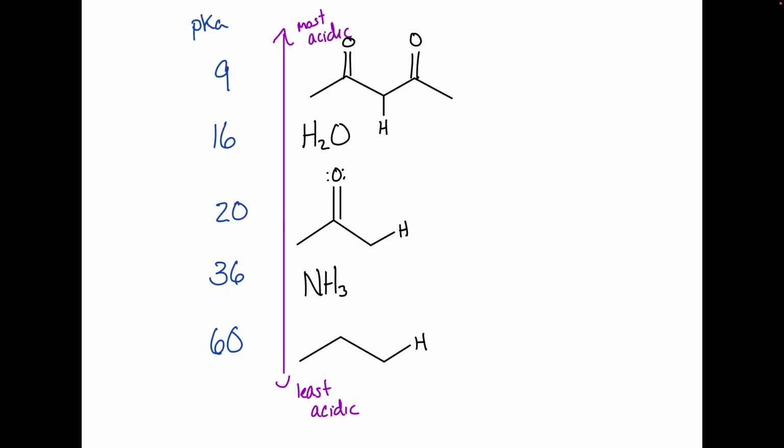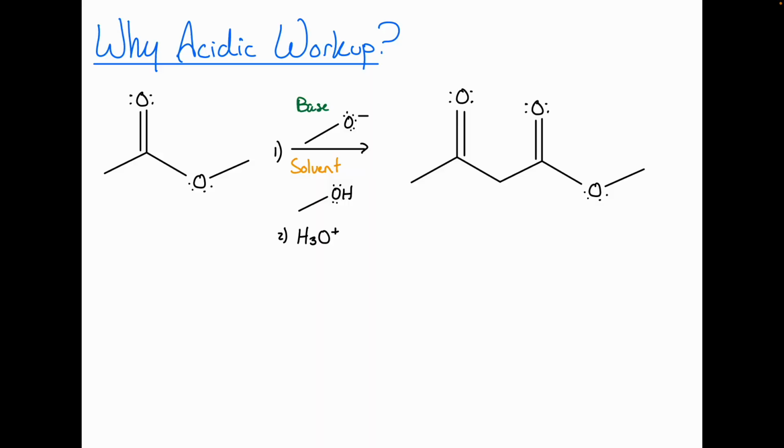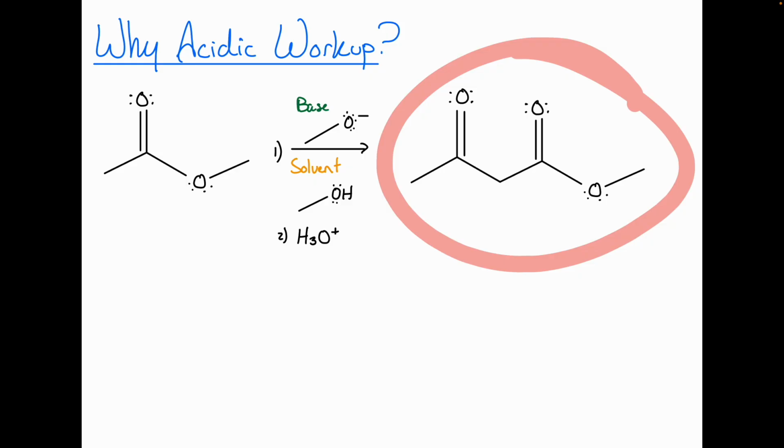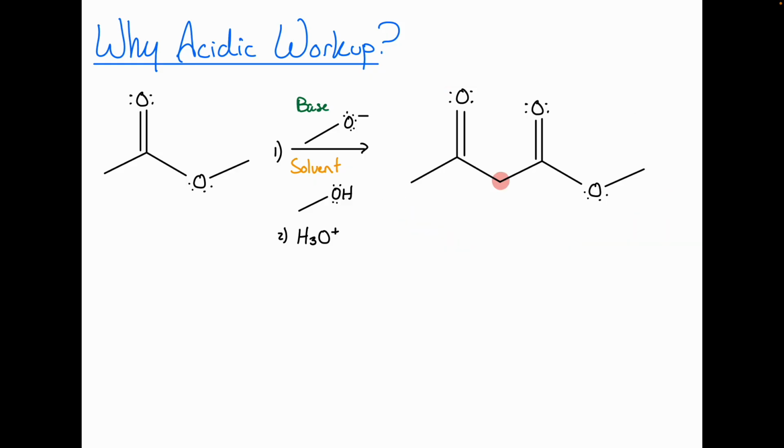Well, in my product of a Claisen condensation, do I have any alpha carbons in my product? Yes. And in fact, that alpha carbon has not 1, but 2 carbonyl groups there.